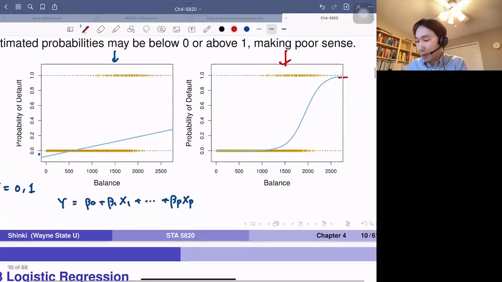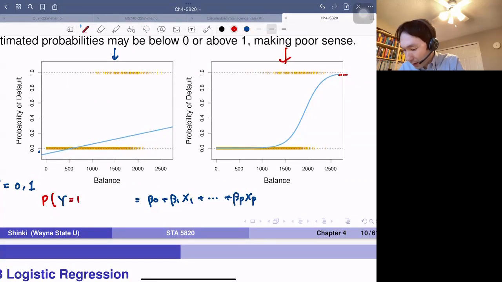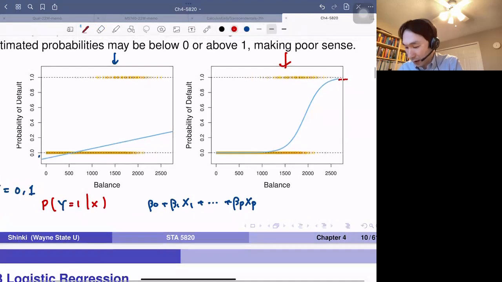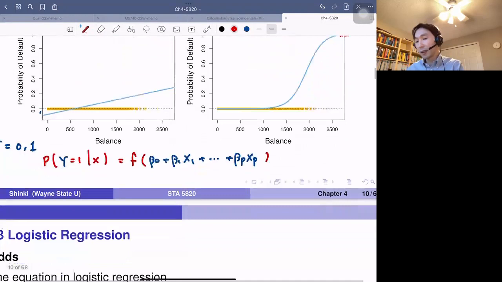The linear regression does not work, so we think first about the probability that y is equal to 1 given x, and this should be some function f of the linear predictor.